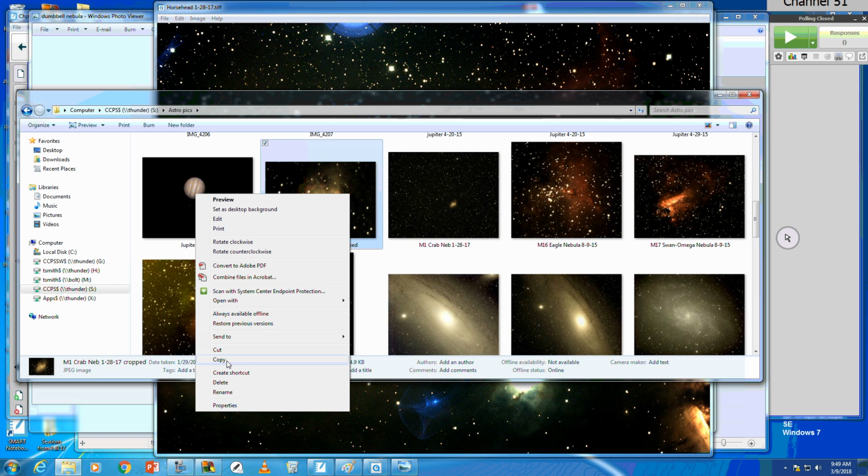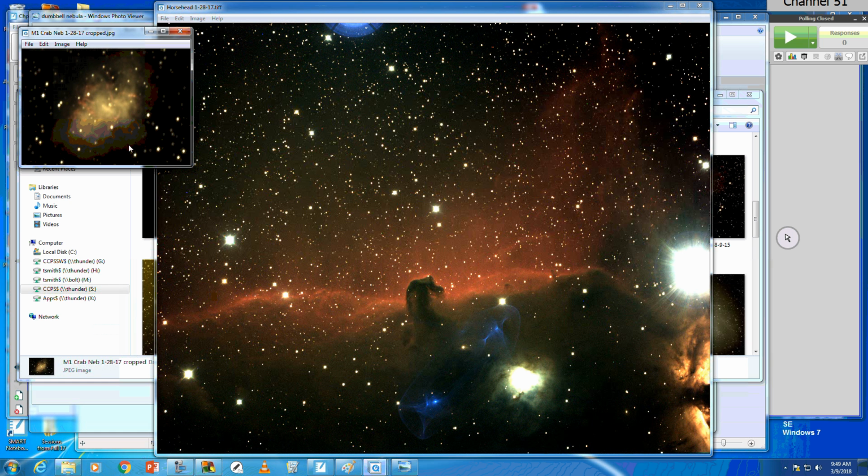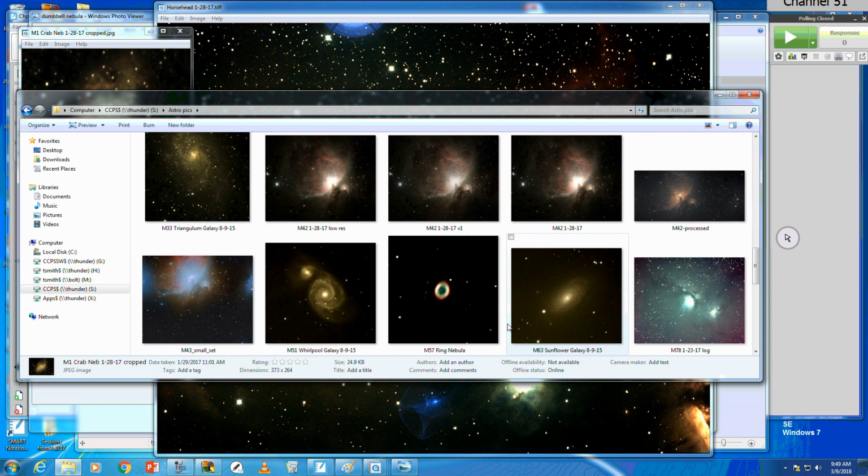So I mean, some of the things have amazing detail associated with them. Like here's the Crab Nebula. I mean, it kind of looks like a crab wrapping around something. That's the actual color associated with it. Like here's Orion.